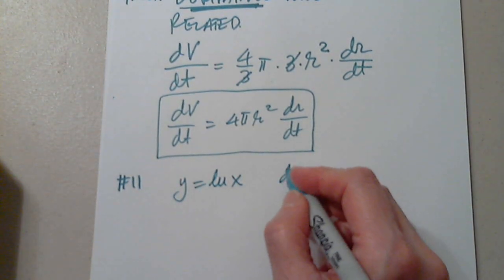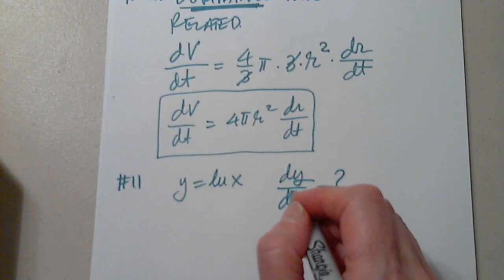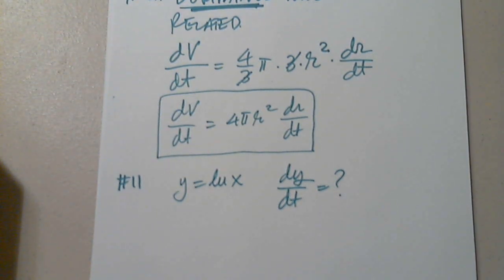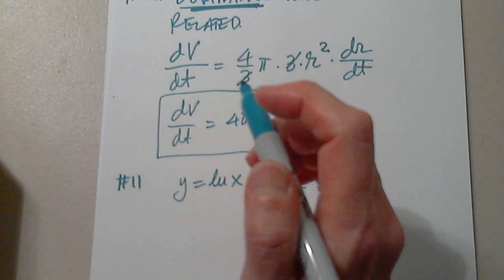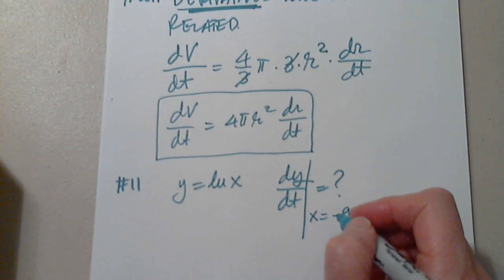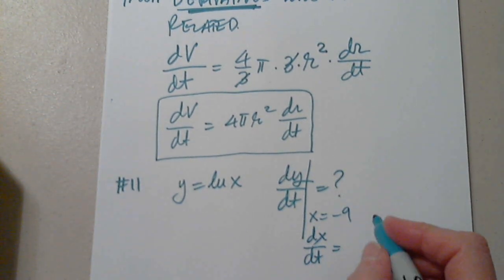Find dy over dt, which means y is a function of what? If I'm asked to find dy over dt, that tells me that y is a function of which variable? T, of course, absolutely. When x is -9, and when dx over dt is 0.25.